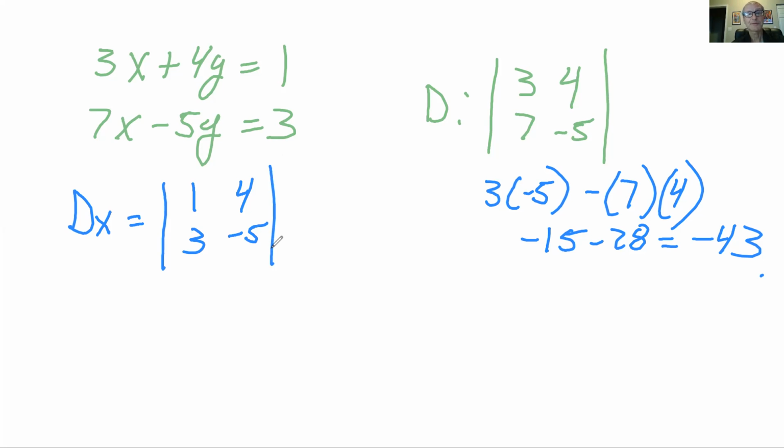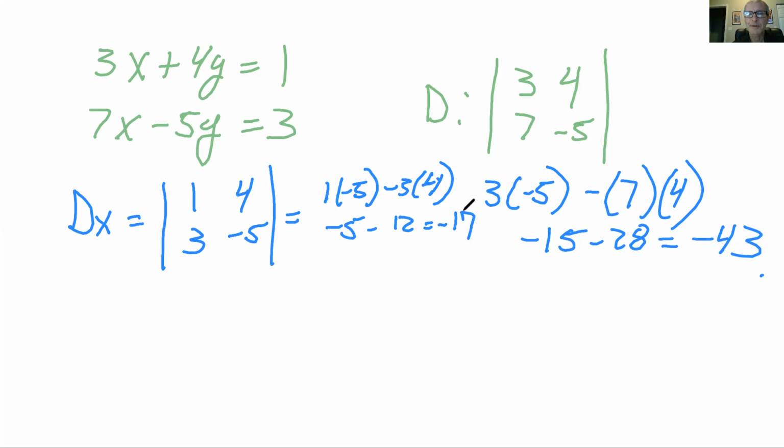So what would be this determinant? So this would be 1 times minus 5 minus 31 times 4. So this would be minus 5 and minus 124. So that would be minus 129.